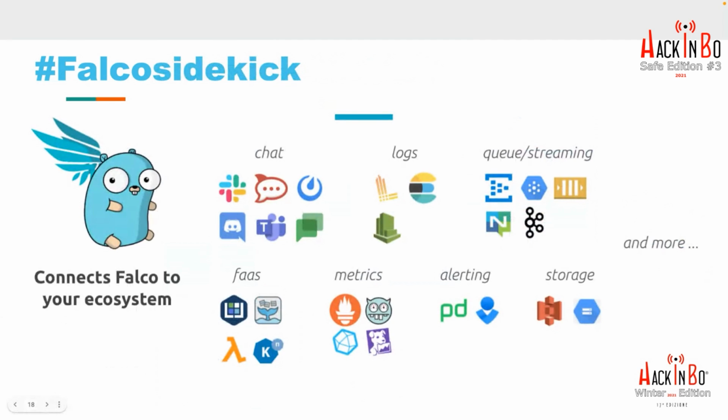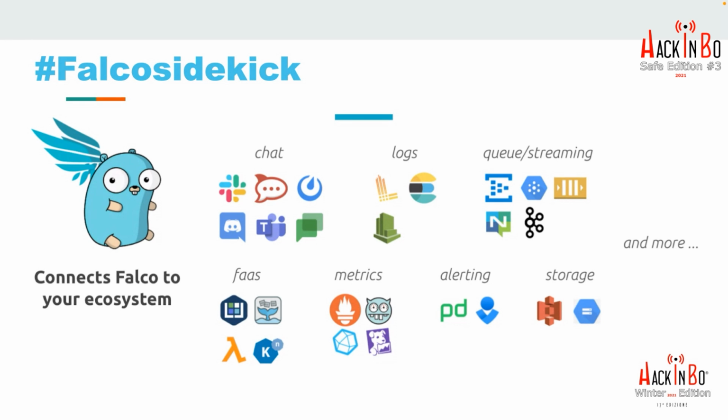We can see here that Falco can be integrated with a bunch of different systems for different purposes. You may want to receive the alert directly on Slack, for instance, or forward the event to a log management system like Splunk, where you might already have your detection dashboard that you check every day for security misbehaviors.